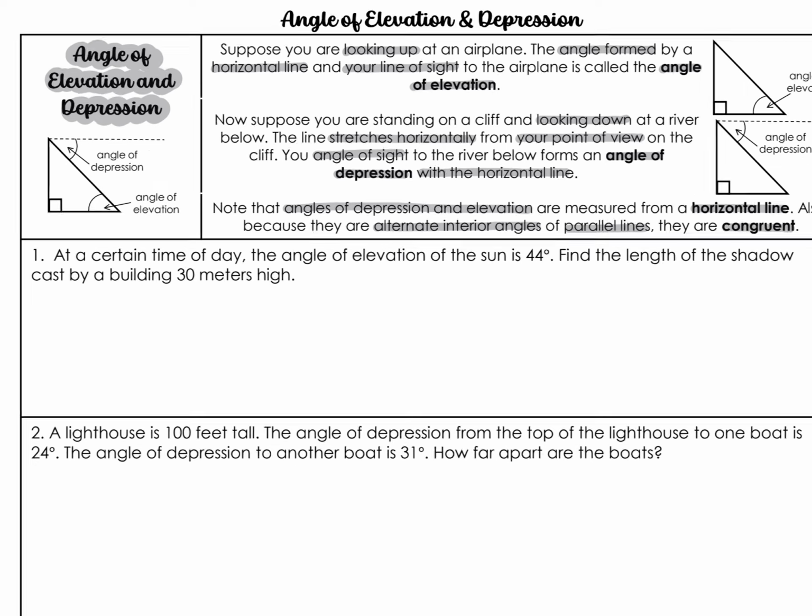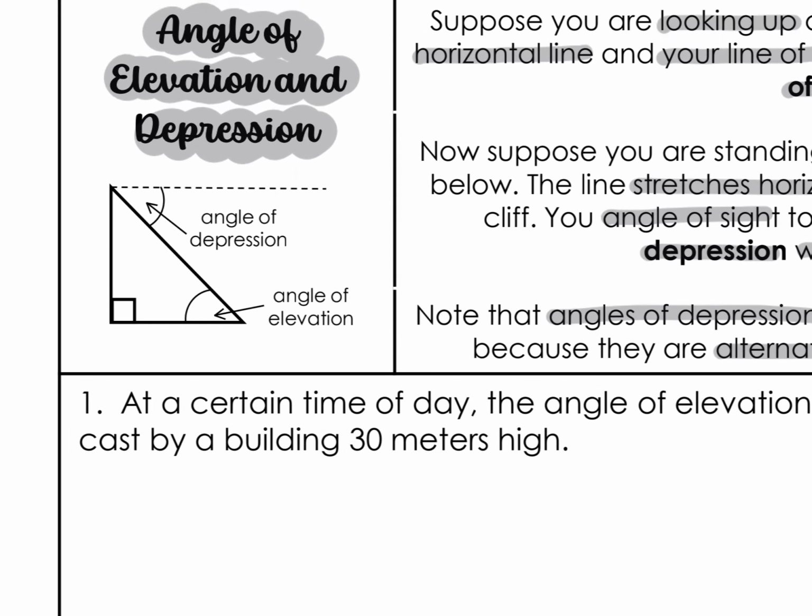Okay, so let's look over here just real quickly and mention a few things. When it comes to angle of elevation, you start at your horizontal line, and it is the angle formed by looking upward from that.